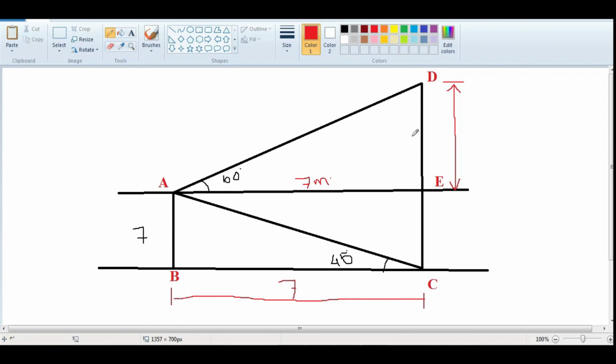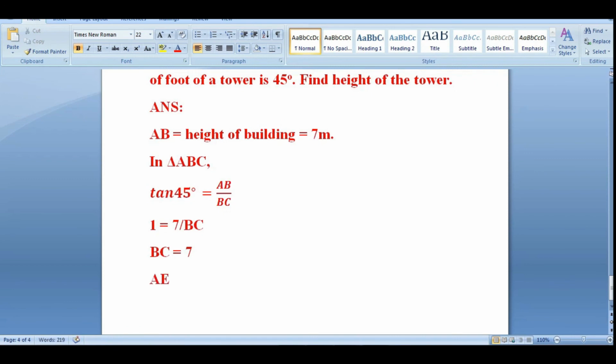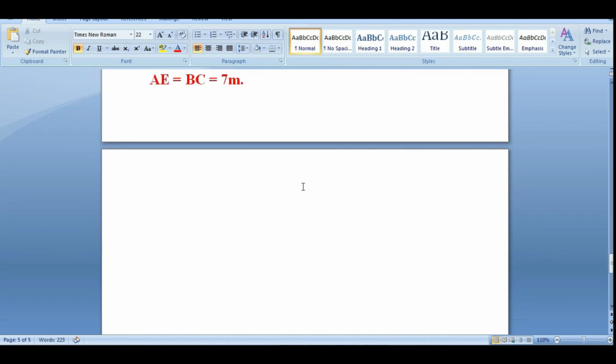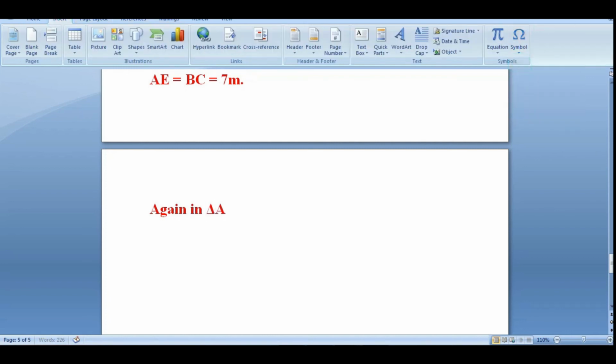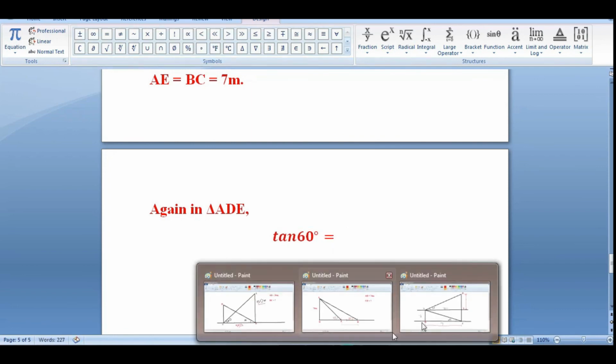So let's find it first. So its perpendicular is how much?